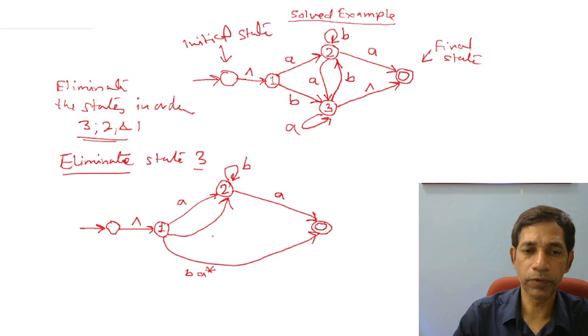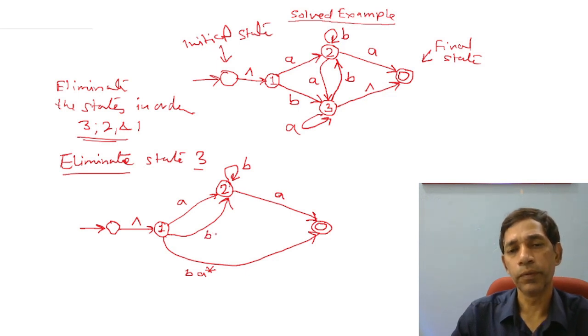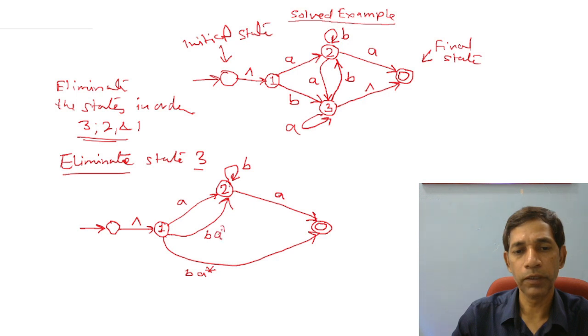You are going from 1 to the state 3 for the regular expression B. Then at the state 3 we have the loop, which is for the A clean star. Then for the regular expression B you are going to the state 2. So the label of the edge from 1 to 2 is B A clean star B.